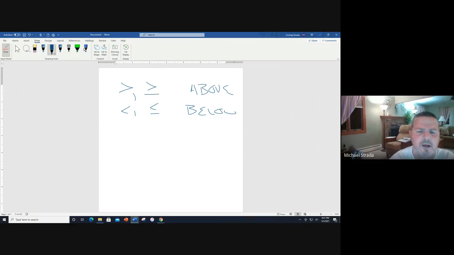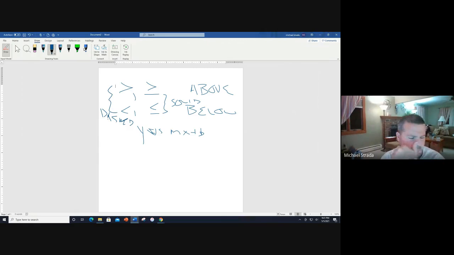When it's solved for y, we talked about literal equations. So when it's y versus mx plus b, you can follow that rule. All right, and then if it has a line underneath, like those two, it's a solid line. And if it doesn't, it has what we call a dashed line because it does not include that in its solution set.